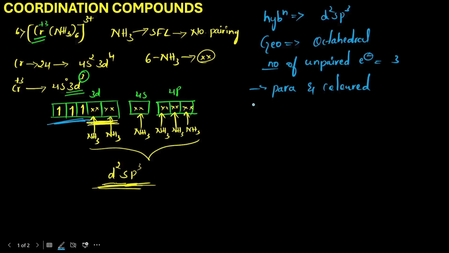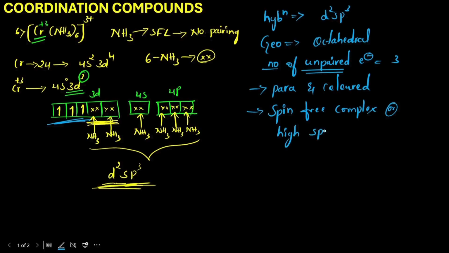Due to the presence of unpaired electrons, it is a spin-free complex, which is also called a high spin complex. Here inner d orbitals are used in the bond formation, therefore it is an inner orbital complex.